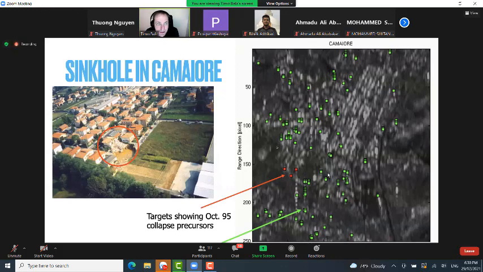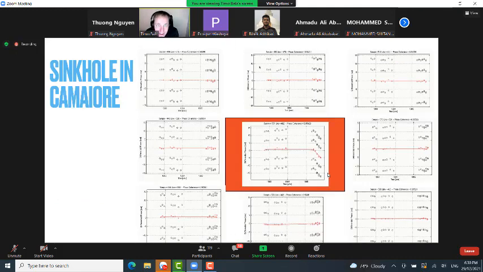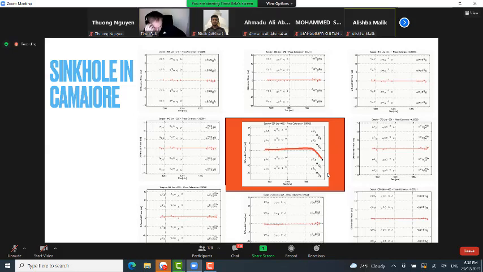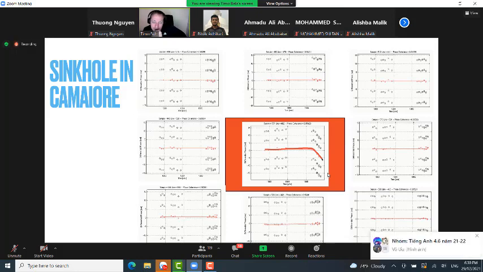we can see for these three red points there is a motion visible before the collapse. So this is one example marked in red, and we can see the motion. The points are stable for a long time, but then shortly before the collapse, we see an increase in velocity. And that is a very typical and very dangerous motion pattern.